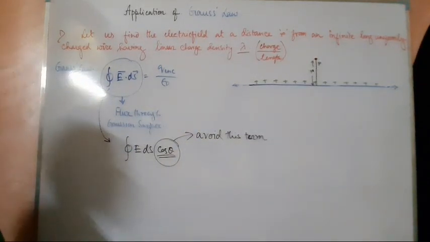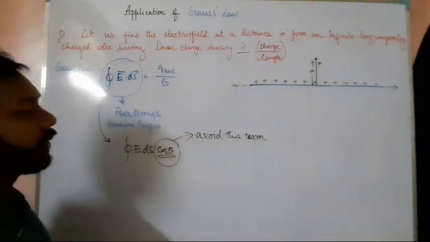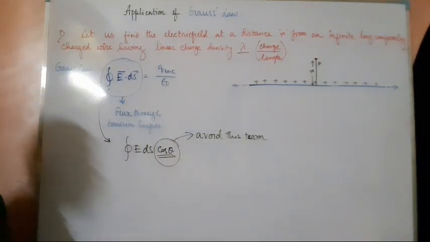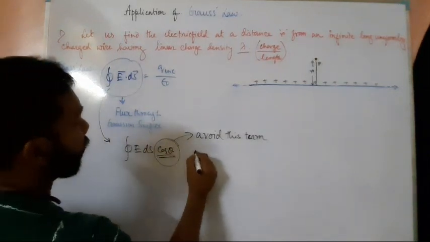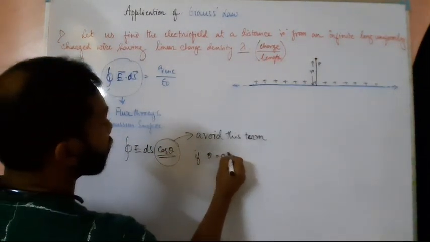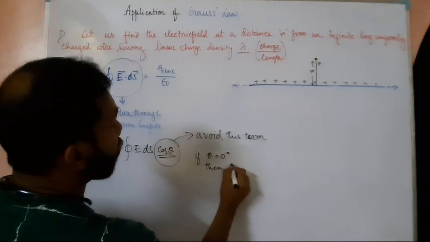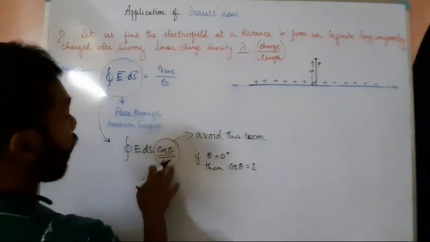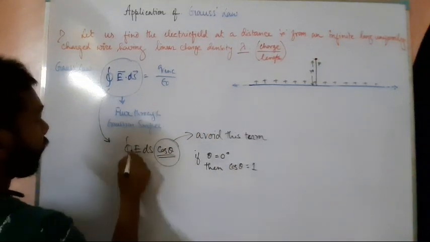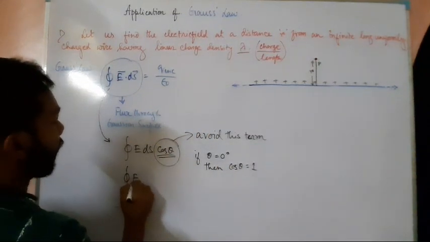How can we avoid that cos theta term? By just taking theta equal to 0. If theta equals 0, then cos theta is equal to 1. When cos theta becomes 1, it just merely becomes E dot ds.